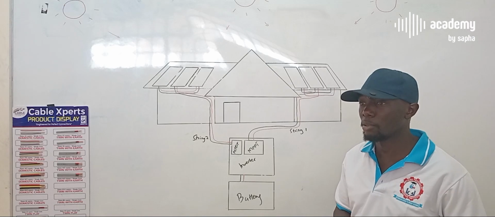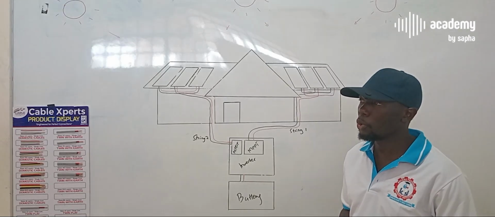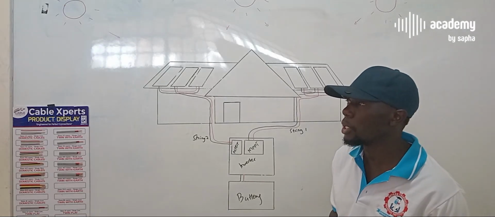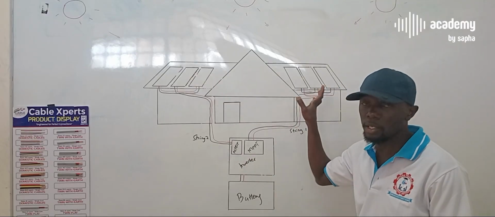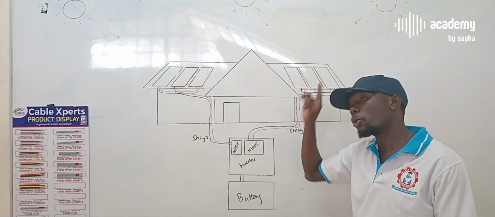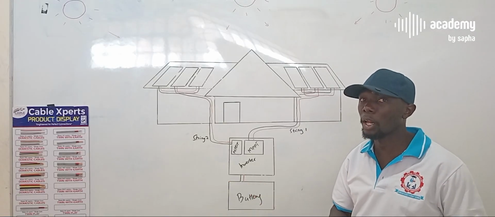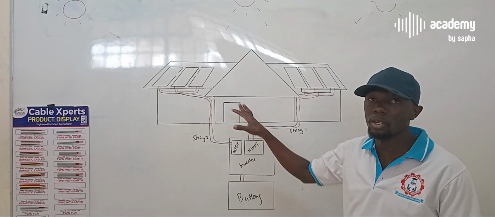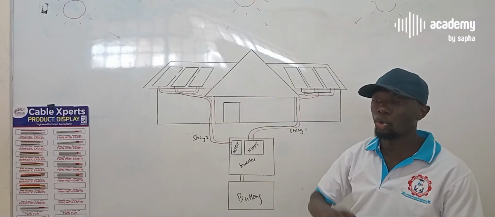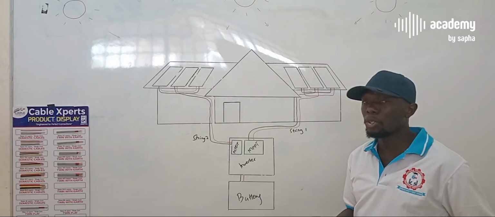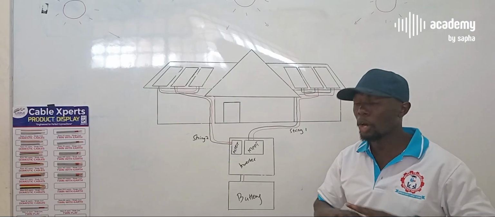Your final decision is that you need 6 panels. But when you go to the roof, you realize there is no single stretch that will allow you to install 6 panels comfortably in the same space. So you have to distribute your panels across the roof.